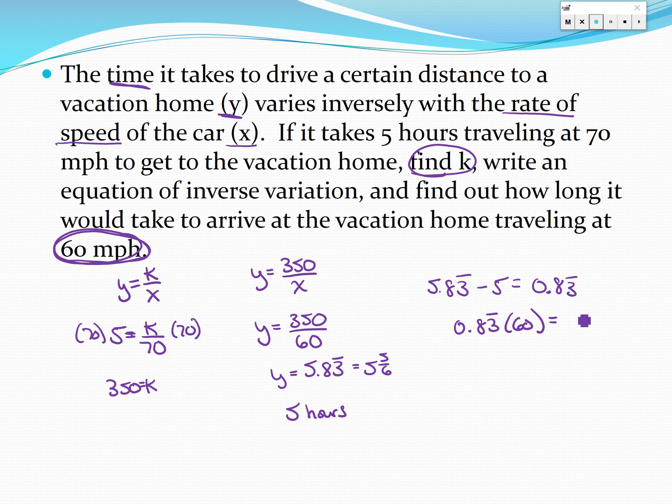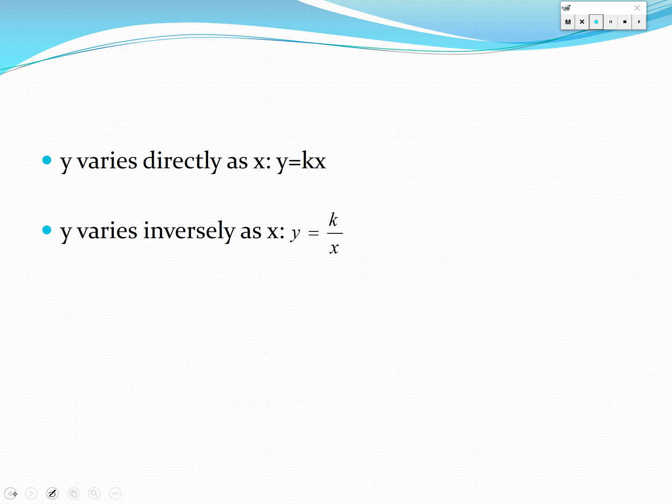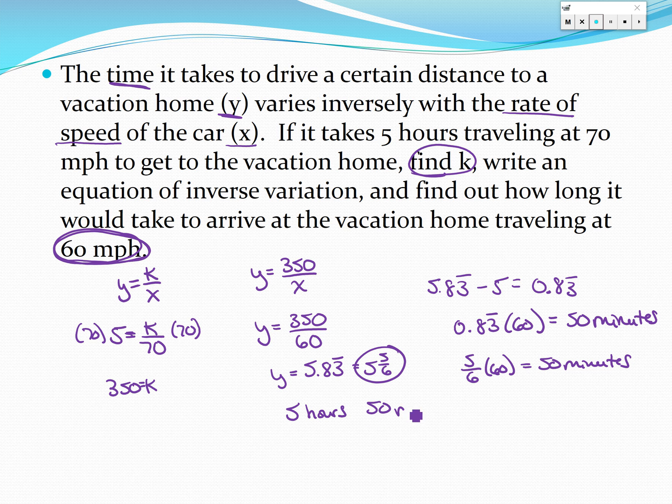And we get 50 minutes. If you figure out the fraction piece, you could also do 5/6 times 60, which will also give you 50 minutes. So 5 hours and 50 minutes would be the answer I would be looking for come test time.